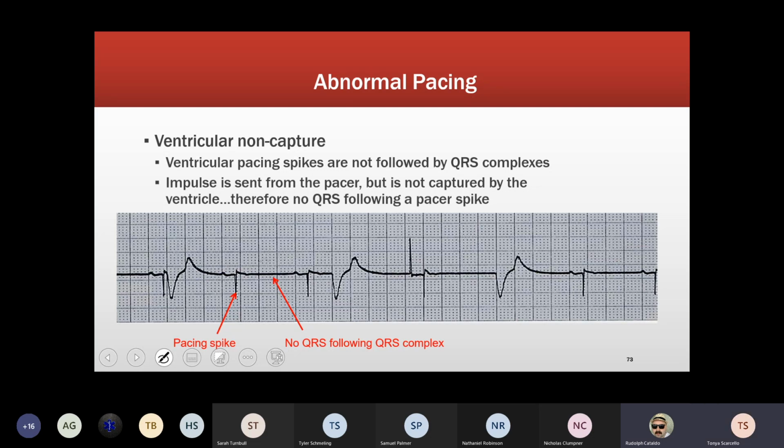Like the lead is slipped. Yeah, right. And you can see the pacemaker, if you looked at those spikes, they're beating along at a normal rate. But they're not capturing on every beat. So that would be a pacemaker failing to capture, because I don't have a complex behind all my spikes.